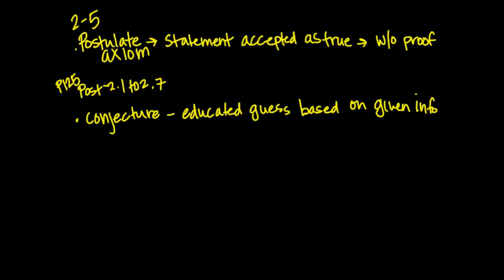All right, so now a proof, when I talk about proofs, those are logical arguments, and we back up those arguments with statements that we know are already true. Logical arguments that we back up with statements that we know are true.